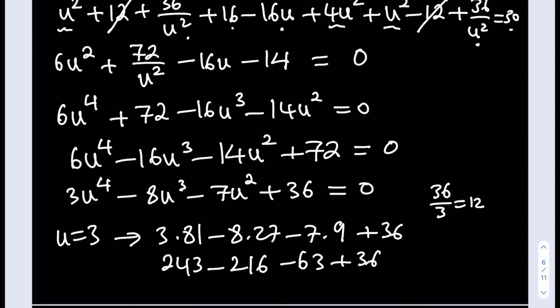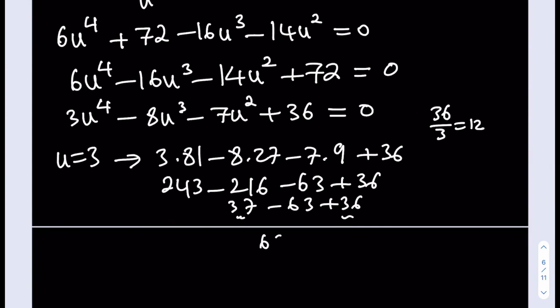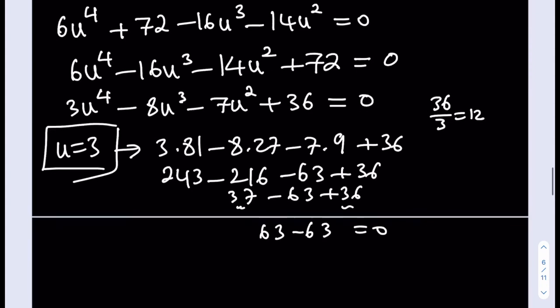If you subtract those, you get 27 from here, minus 63 plus 36, and 27 plus 36 is 63, and 63 minus 63 is 0. So this verifies that u equals 3 is actually a solution to this equation. Of course, we could find that by trial and error, but I just wanted to save some time here.